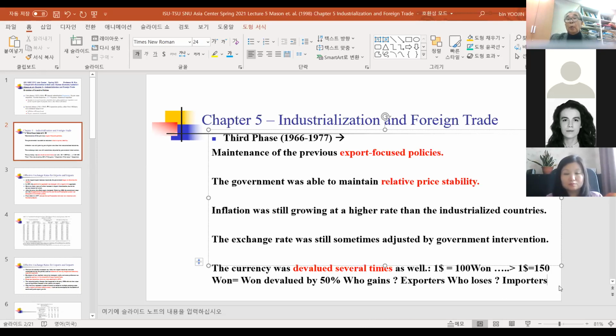Now they need 151, 50% more money to put down to open a letter of credit for importing. So importers are discouraged. They lose. So this devaluation policy is one of the export promotion policies. Okay.